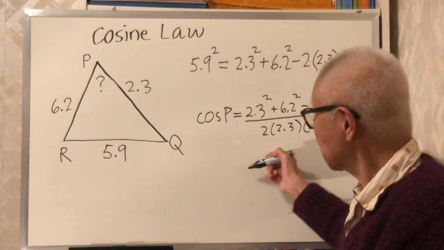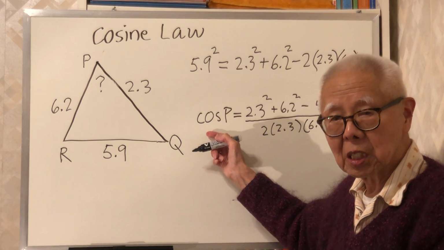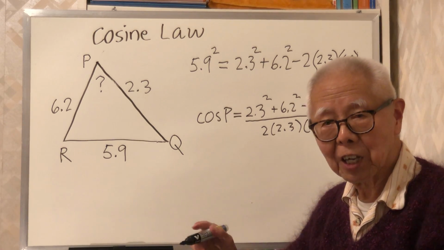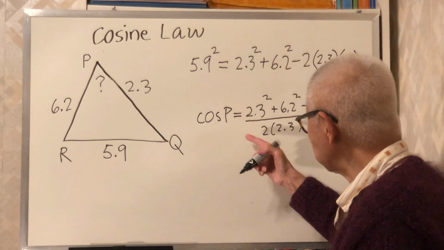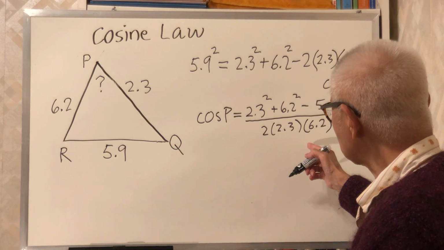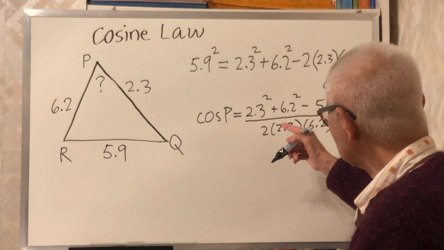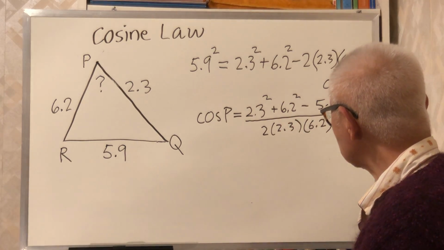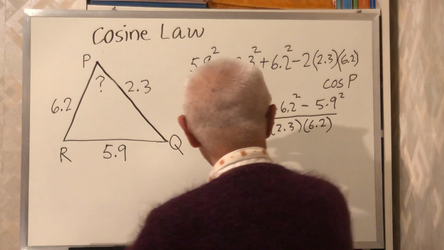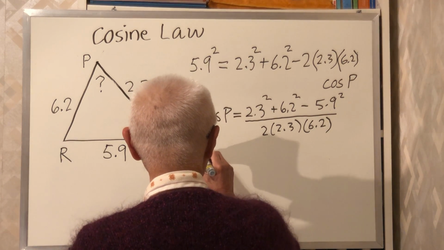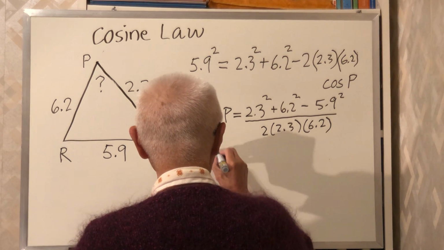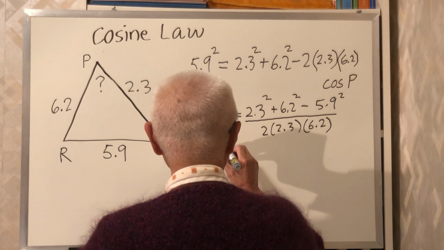After that, I have the cosine P, and I do arc cosine of this number. So how do I find the value for the right hand side? It's very similar to example 1. So you enter 2.3, enter square, okay?